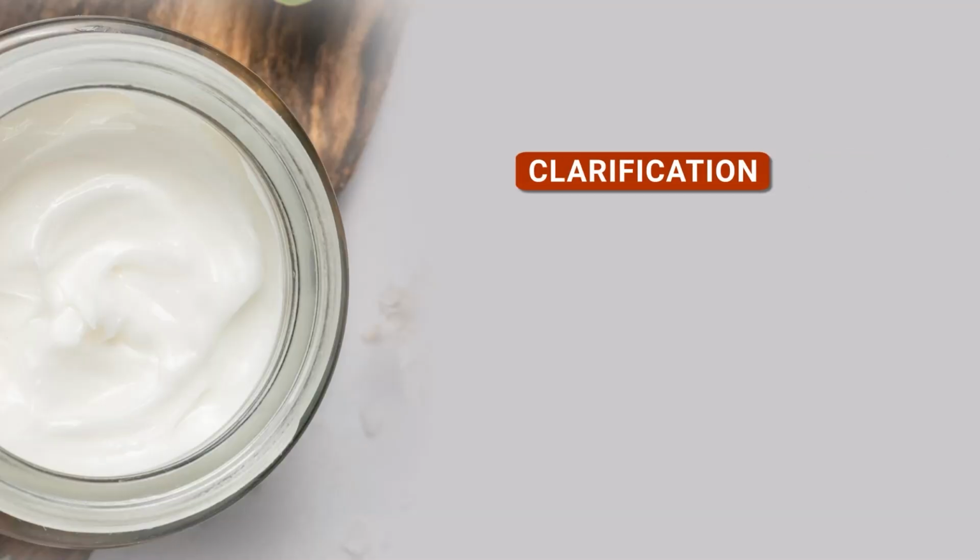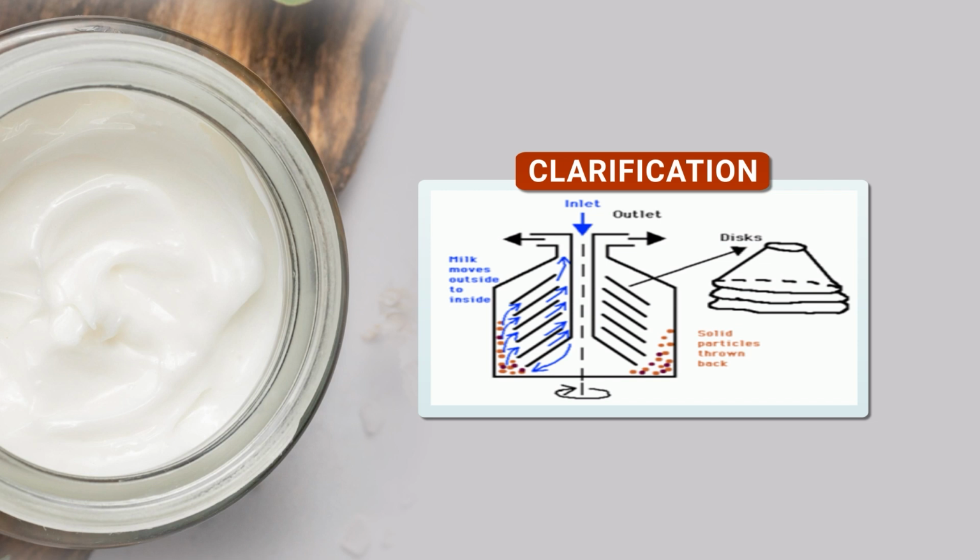You can see the milk is coming in at the inlet, then through the distributor, it is going through the clarifier disc. Milk is removed from the inside, and the solid particles are thrown back and are removed at intervals.